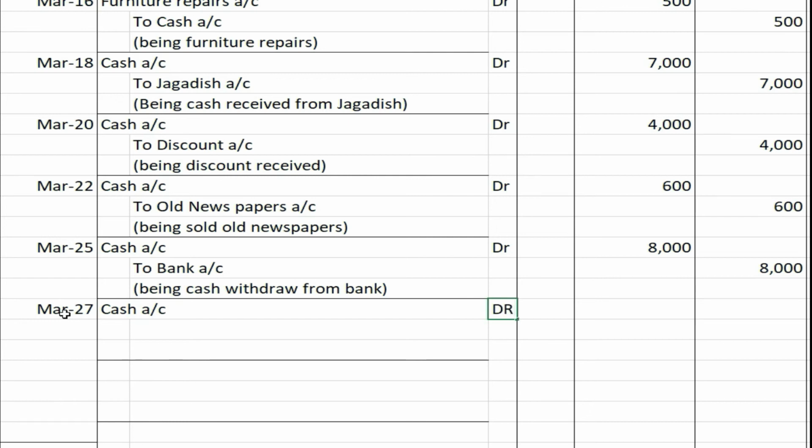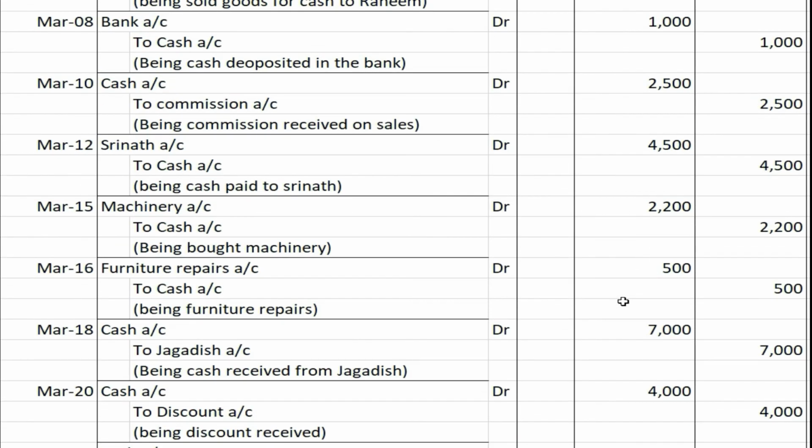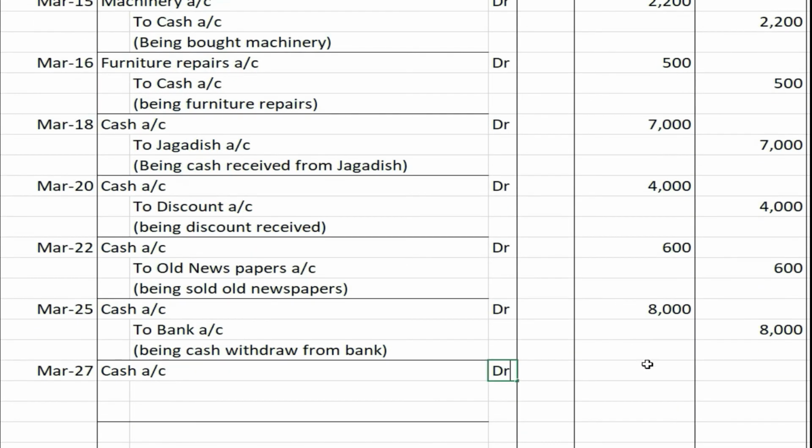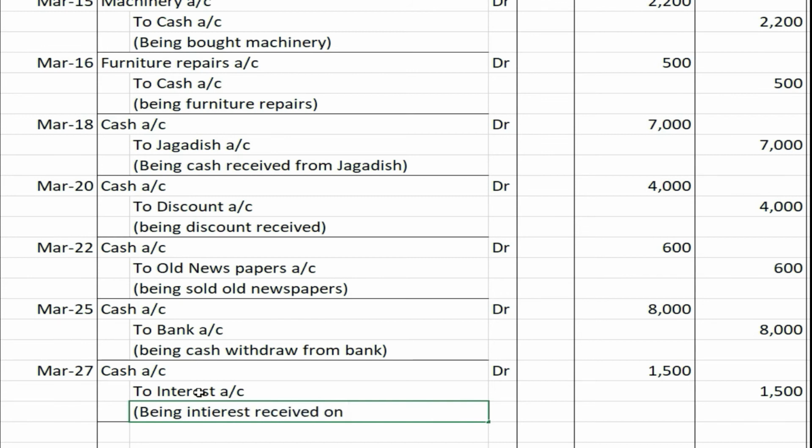Amount 1,500 in the debit column, to interest account directly in the credit column 1,500. The narration being interest received on fixed deposits. Bracket close. Then again underline.